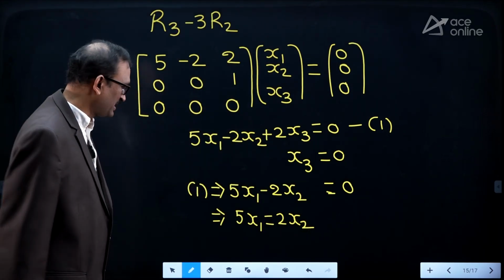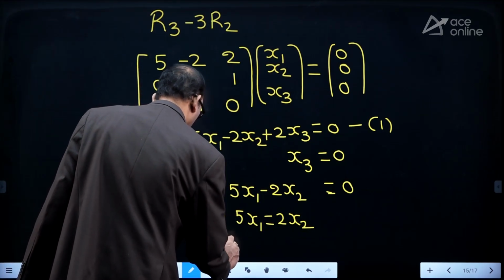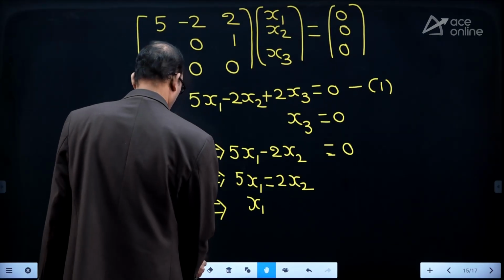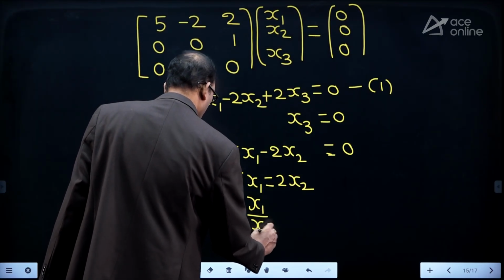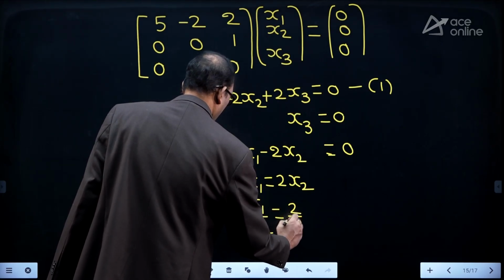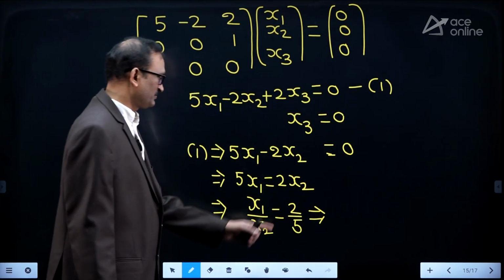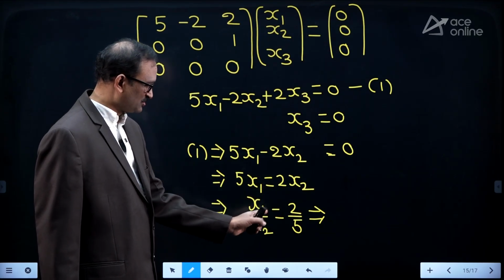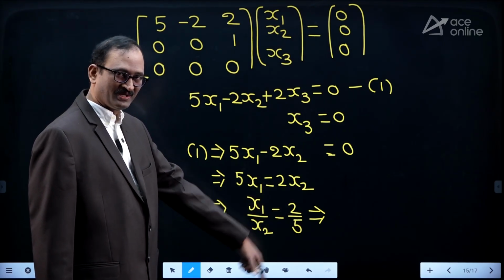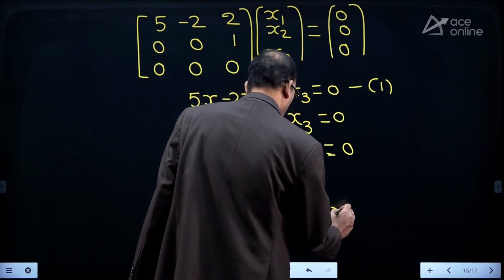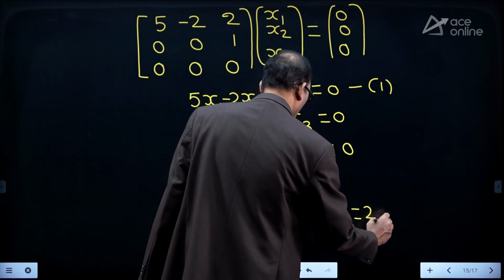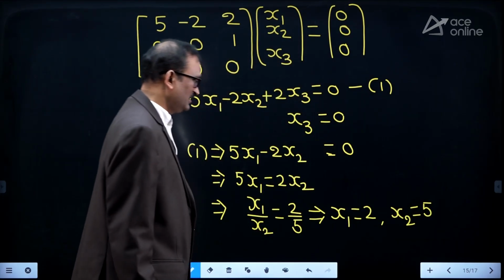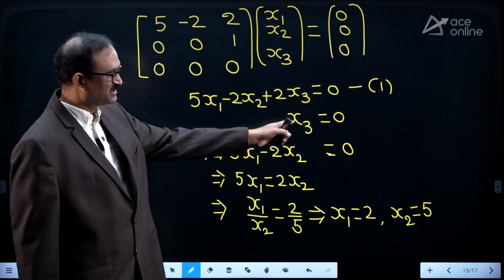From this, what is the x1 by x2 value? From this x1 by x2 equal to 2 by 5. I mean x1 value 2, x2 value 5, x3 value 0.